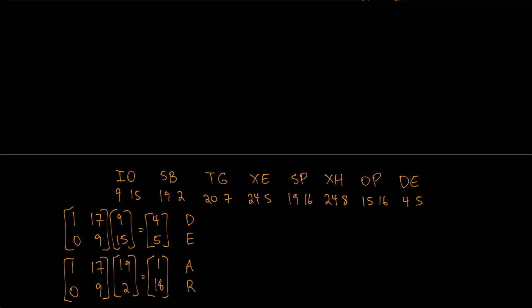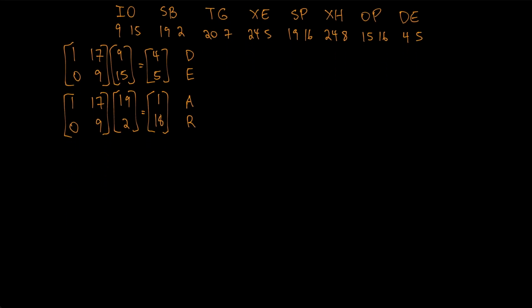So now the interesting part is the rest of the message, because we don't know what that is yet. So 1, 17, 0, 9 times 27 gives us 9, 11. So that's IK.